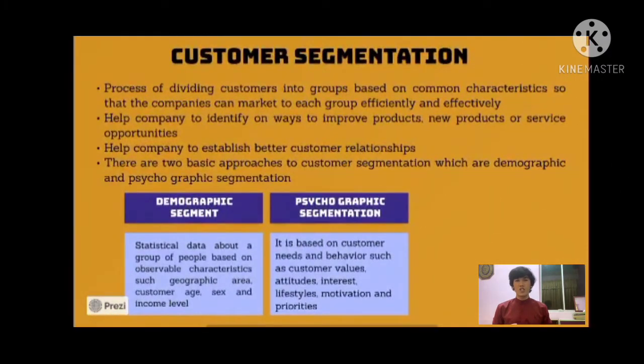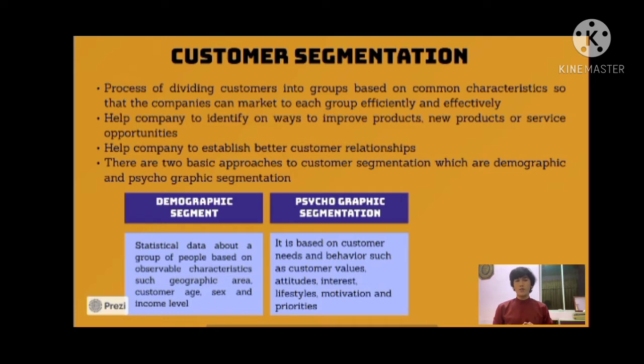Customer segmentation is the process of dividing customers into groups based on common characteristics so that the companies can market to each group efficiently and effectively. It also will help the company to establish better customer relationships. Currently, there are 2 basic approaches to customer segmentation, which are demographic and psychographic segmentation.